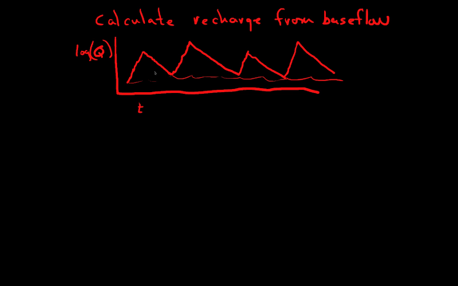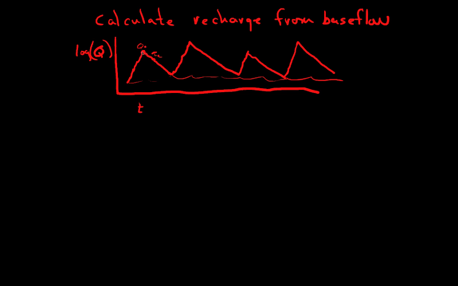Why is that? Well, at the beginning of the first water year recession, we have a Q naught, and from this recession we can get a tau sub E. So Q naught times tau sub E is going to give us the amount of water in the reservoir at this point.